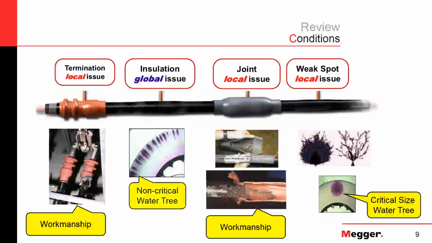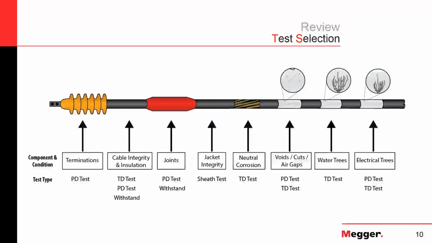The bulk insulation will have these water trees throughout either the entire length or at least a decent section of it. And these different aging conditions, these different weak spots in the cable, they need different methods of testing to try to locate them.